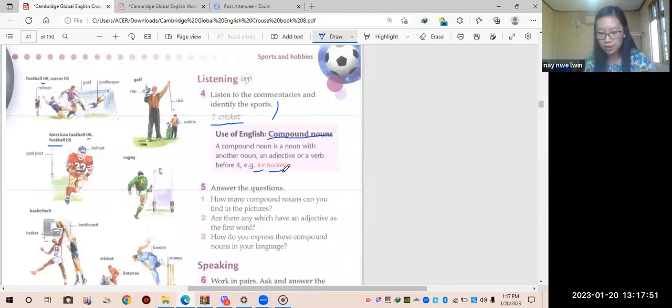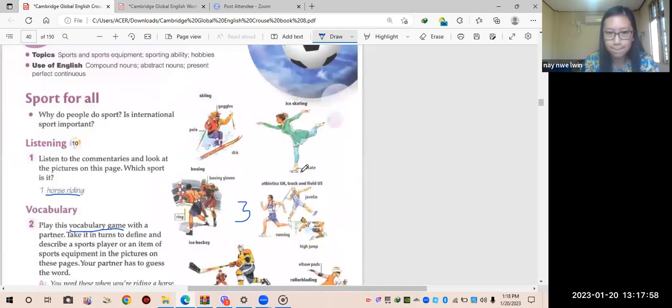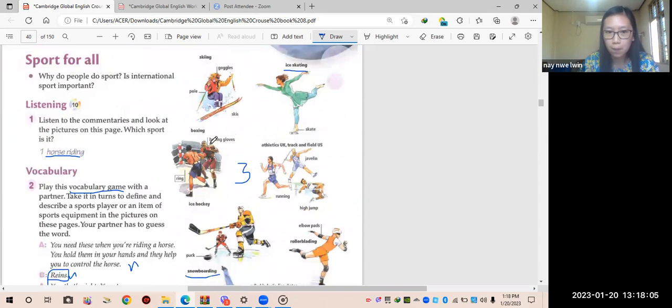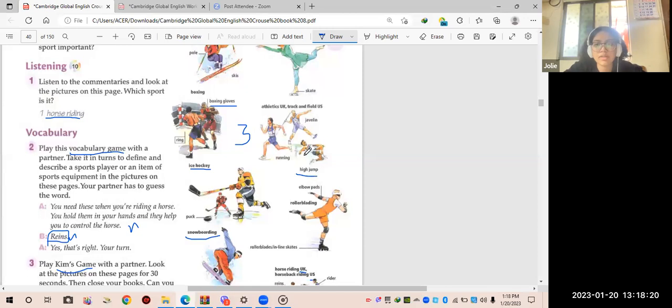So tell me, what are the compound nouns here? Ice skating, so that is a compound noun. Boxing gloves, right? That is a compound noun. And ice hockey, ice plus hockey. And high jump, height plus jump. So that is also a compound noun.